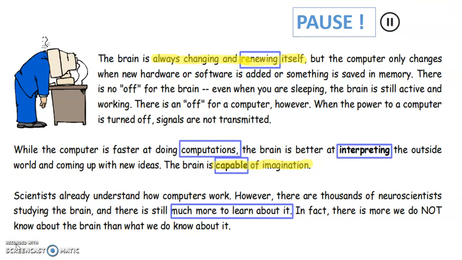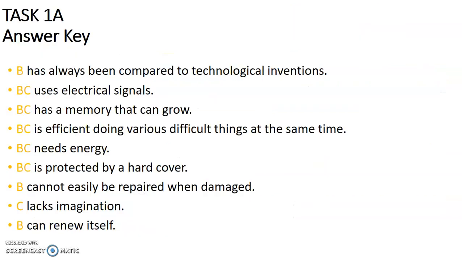Now continue reading again and take notes for the necessary parts that you see. Now you can pause the video. If you are ready, now I'm going to share the answer key with you. Please check your answers. Here's the answer key. Pause the video and just take a look.